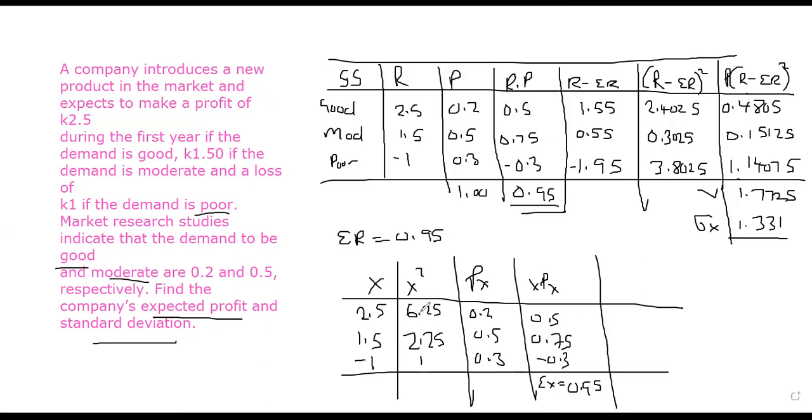Then to get the variance, now apply this and that one. So 6.25 times 0.2, we get x squared px. This is 1.25. And 2.25 times the probability, which is 0.5, we get 1.125.